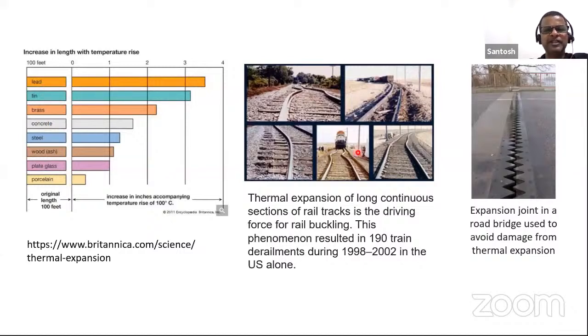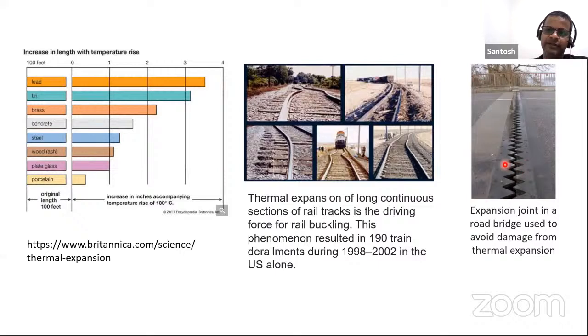In this picture, what it shows is that because of thermal expansion during hot weather, the rails are getting bent. This is an effect of thermal expansion. When the train is running, there is a lot of friction, and in hot weather the rails are very hot. Because metals expand very fast, when they touch each other, they tend to get bent. On the right side, I'm showing a typical road.